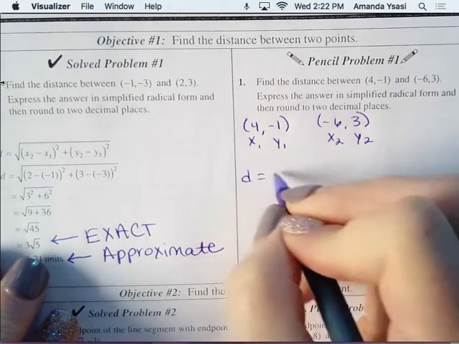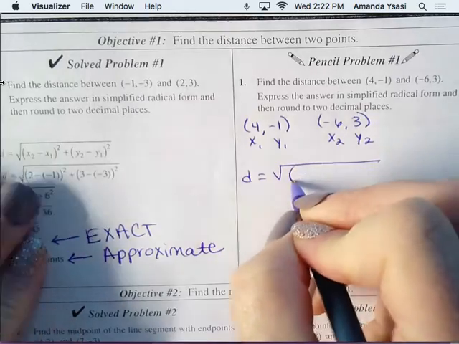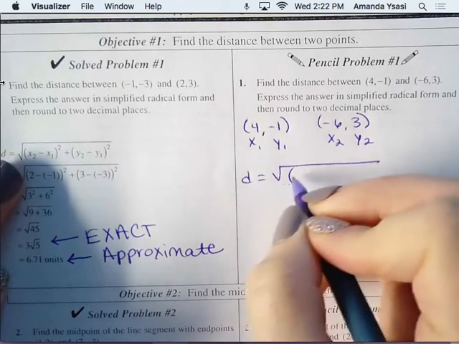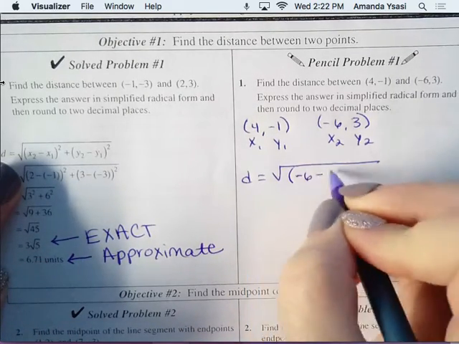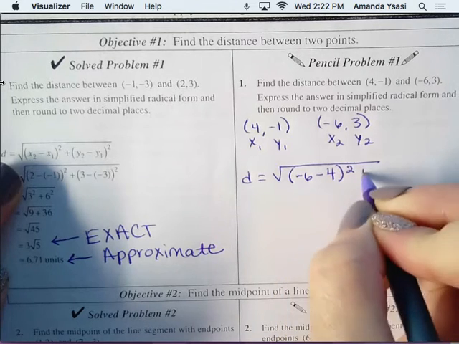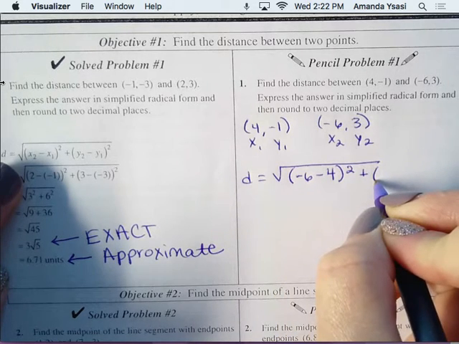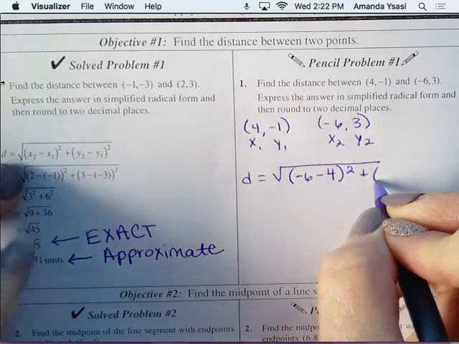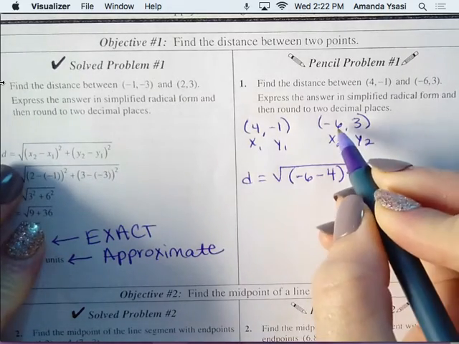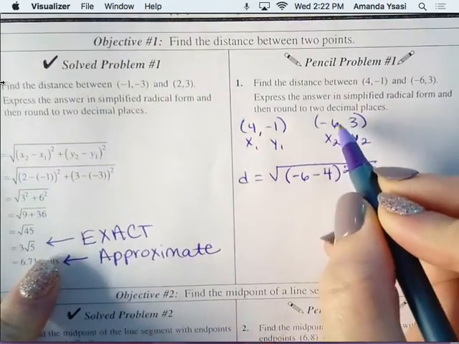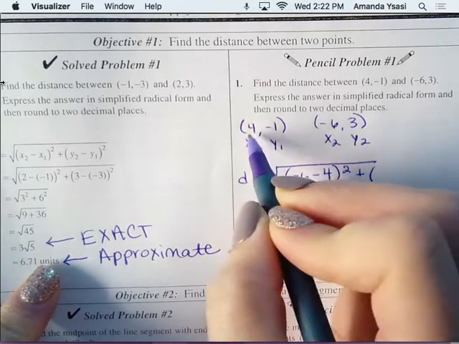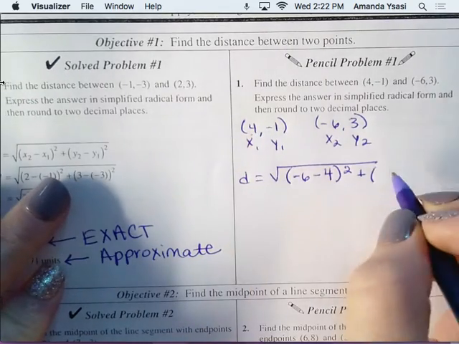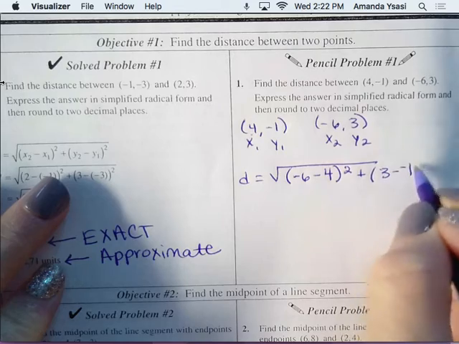So d equals the square root of x2, -6, minus x1, 4, squared plus, I didn't do that right, did I? Yeah, I did. -6 minus 4, and then 3 minus a -1, squared.